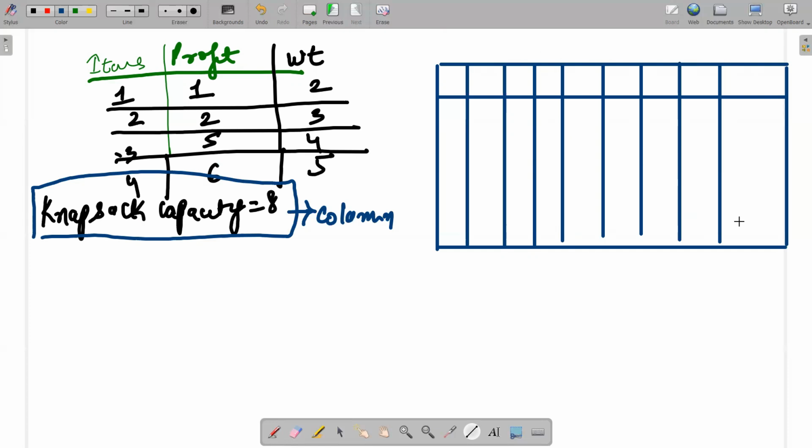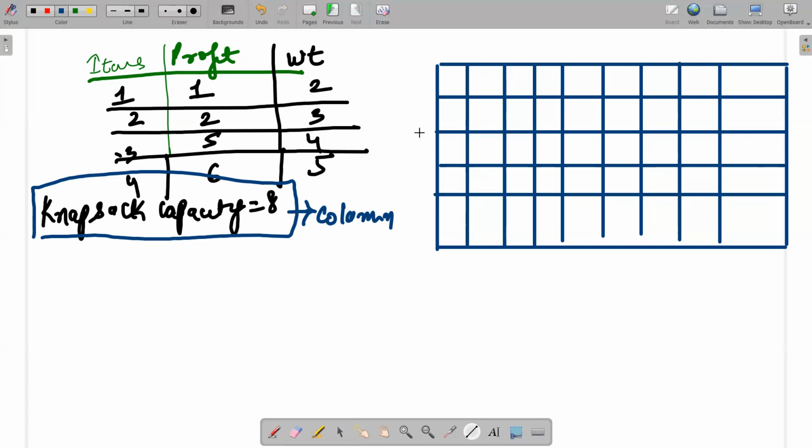Here we are putting all 4 items, plus the zeroth item. This is the zeroth item, this is the first item, this is the second item, and so on: zeroth, first, second, third, and fourth items accordingly. So that's what we have to do, right?